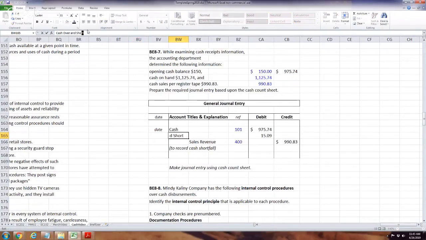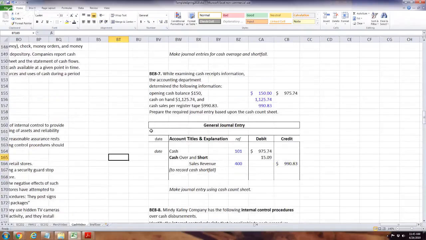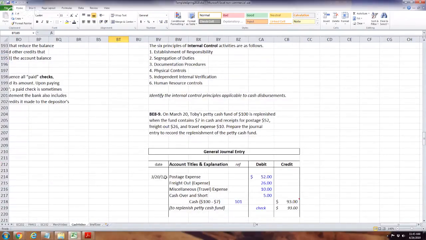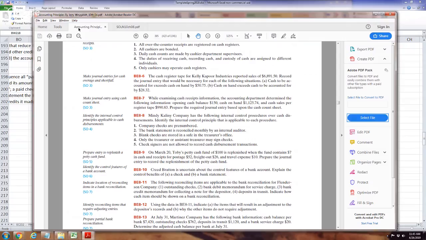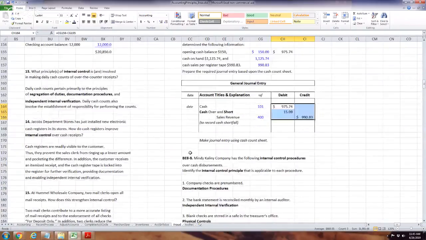Short cash. Okay, that's short. And similar here, this is short. And again, in our master file, let's make sure we label all that too.